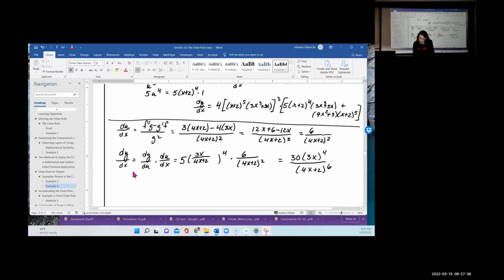Sure. So we have 5 times 6, and then I split the powers, 3x to the fourth over 4x plus 2 to the fourth times 4x plus 2 to the second. The bases are the same, right? They're both 4x plus 2. When the bases are the same, remember that you add the powers.